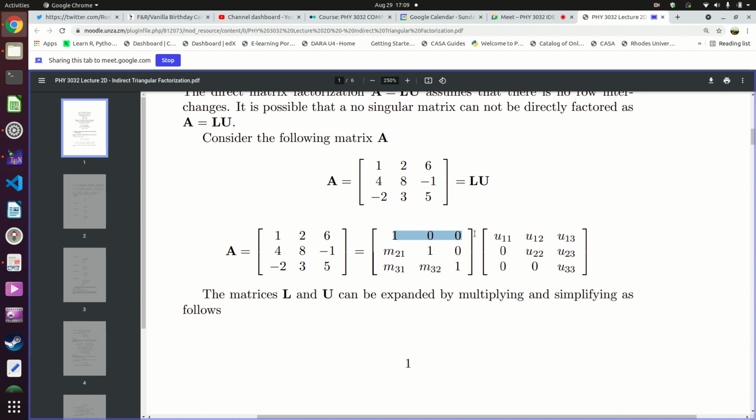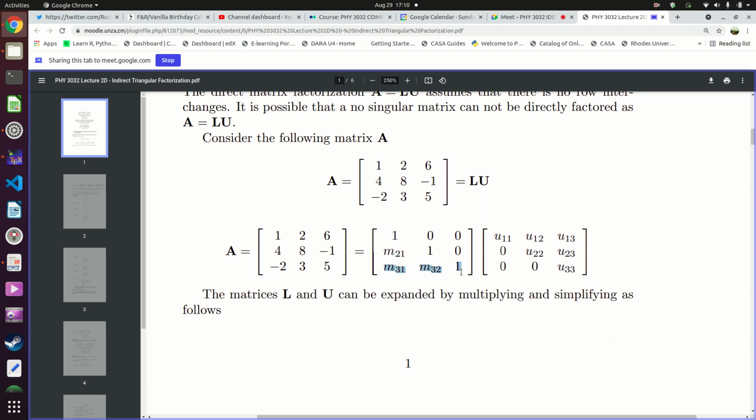We'll get to that. Then next, we'll multiply this second row times the first column, so that we can get what you're going to put here. Then we'll multiply the second row times the second column, so that we can get what we're going to put here. Then we'll multiply the second row times the third column, so that we can get what you're going to put in that particular position once we multiply it.